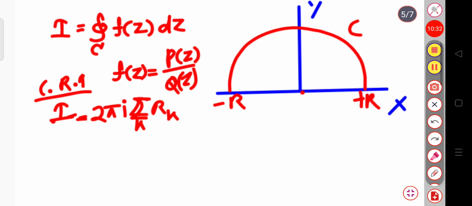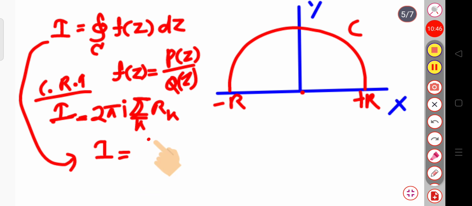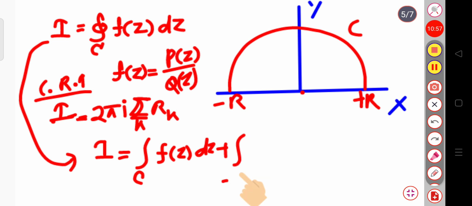So now I can write this integration as I will be equal to this total contour C prime, which can be split into two parts. This will be equal to the integration over the closed contour C, that means this upper half plane, f of z dz, plus the integration over this diameter from minus r to plus r of f of z dz.